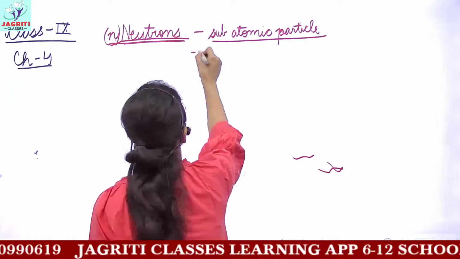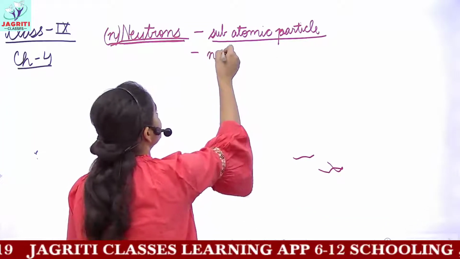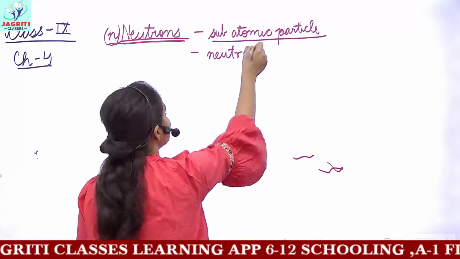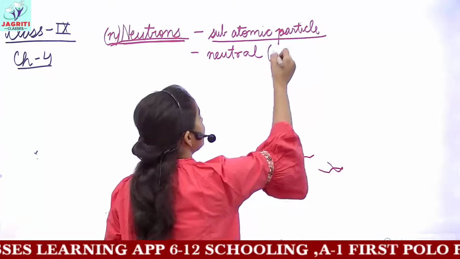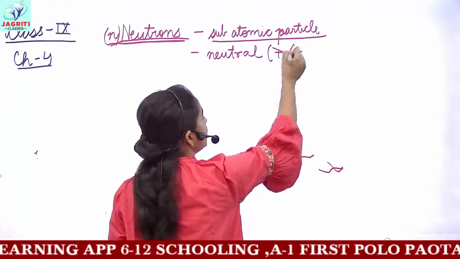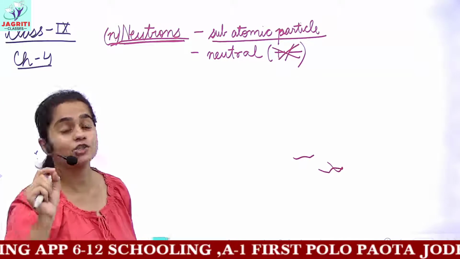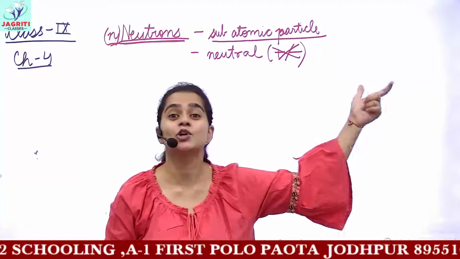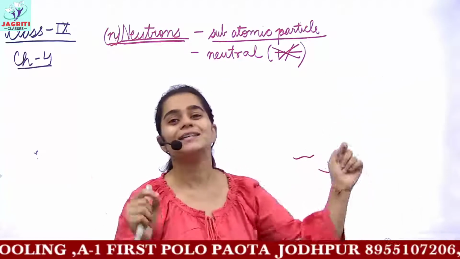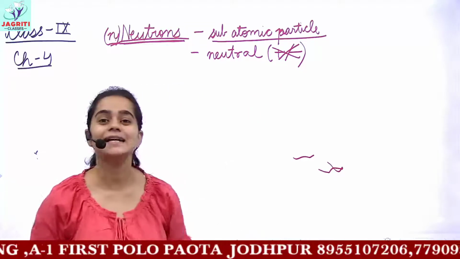Next, they are neutral. Neutral here signifies they do not contain any kind of charge. They are neither positive nor negative. Comparing to the protons, protons were positively charged, and electrons are negatively charged.